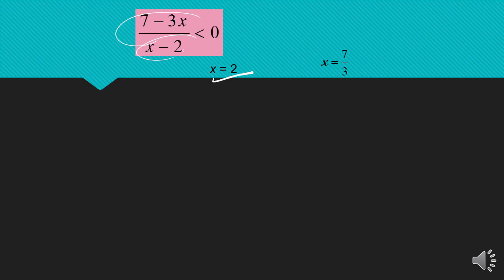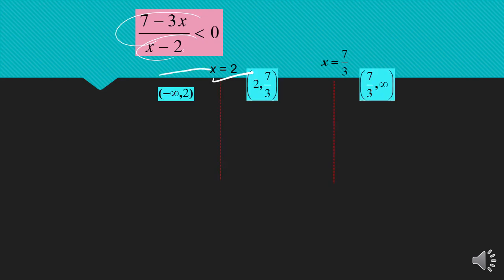So we have 3 intervals, which is from negative infinity to 2, and then from 2 to 7 over 3, and then from 7 over 3 to infinity. Okay, these three intervals, and also we have the two factors, which is 7 minus 3x for the numerator and x minus 2 for the denominator. So we need to find the intersection.